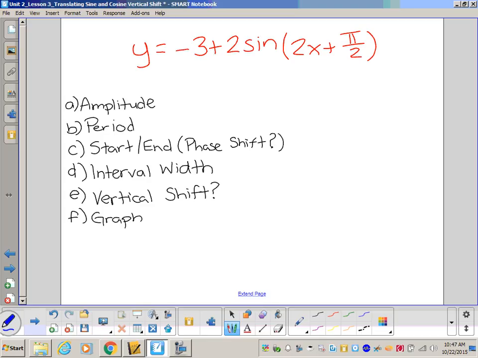So the amplitude is still the number in front of sine, so our amplitude is 2. Period still 2 pi over b.